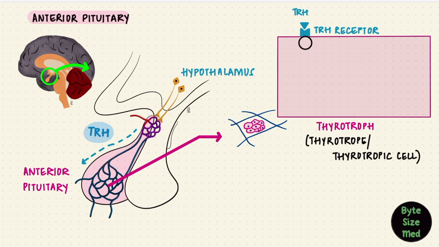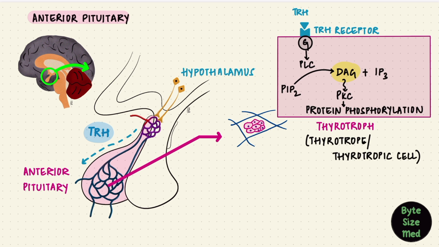This receptor is coupled to a G protein, which activates phospholipase C when TRH binds to its receptor. That catalyzes the breakdown of phosphatidylinositol 4,5-bisphosphate into diacylglycerol, that's DAG, and inositol triphosphate, that's IP3. DAG activates protein kinase C and phosphorylates proteins.